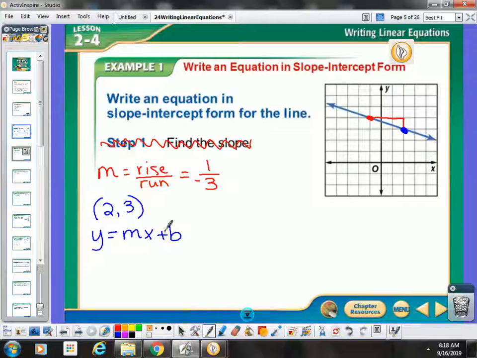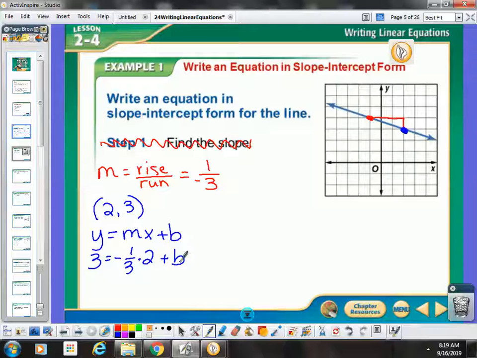So we know a y value, 3. We know m, our slope, negative 1/3. We know an x value, 2. I could solve that to figure out what b is. So let's start by substituting in for y, m, and x so we can find b. The y value is 3. M is negative 1/3. X is 2 plus b.